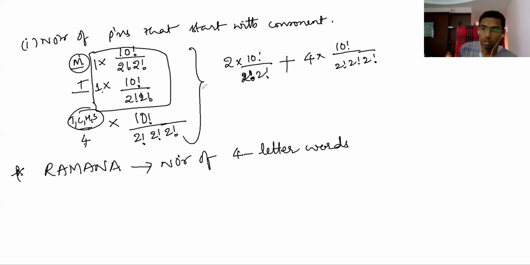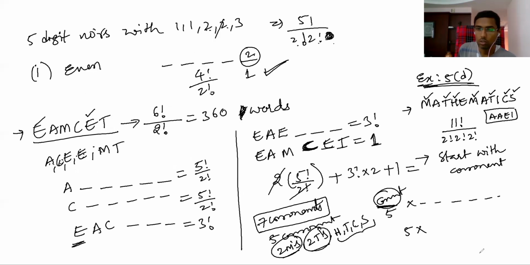Why did T come twice? Mathematics has 2 T's. Oh, watch it here. Yeah, 2 M's, 2 T's, and then H, C, S. So total how many here?